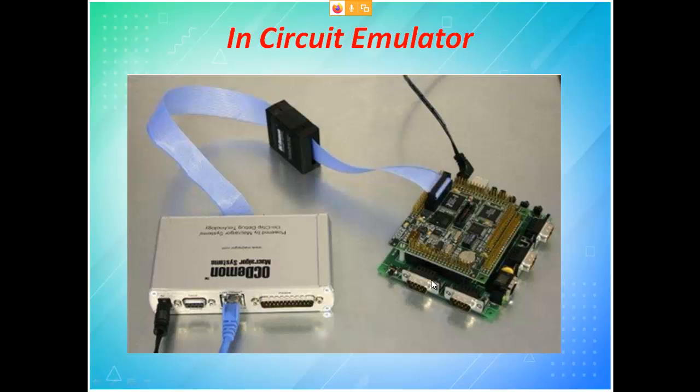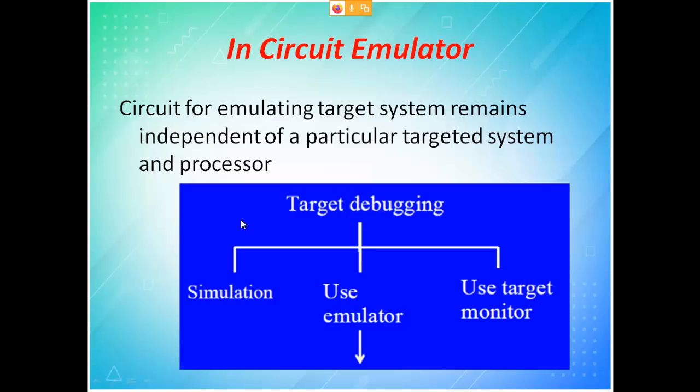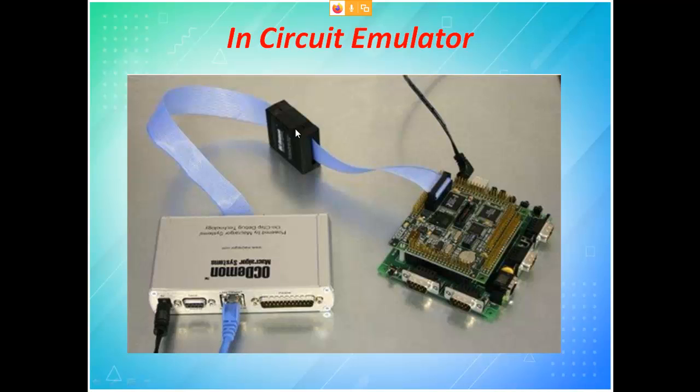In the programmer, we will give all such types of formats so that it goes in, and you will write the program. In the in-circuit emulator, the target system remains independent. Here it is independent, so you can connect this entire setup to any type of processor or controller. It is processor or controller independent.